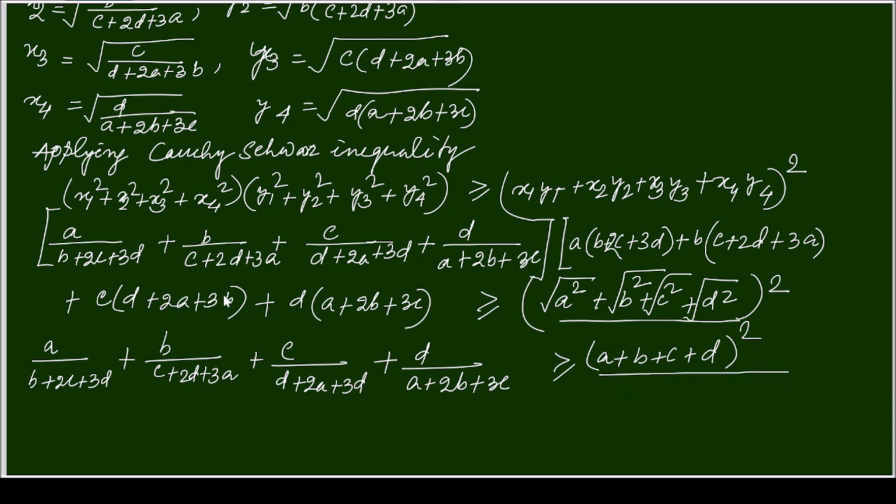If we simplify the left hand side multiplication, this will give us 4 times ab plus ac plus ad plus bc plus bd plus cd.